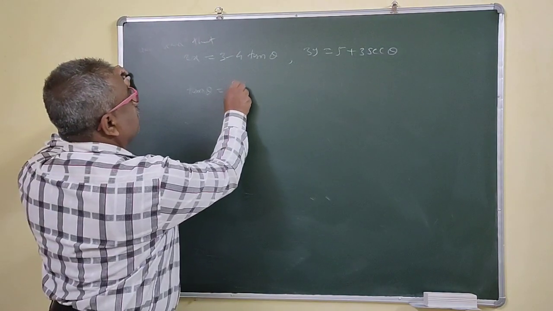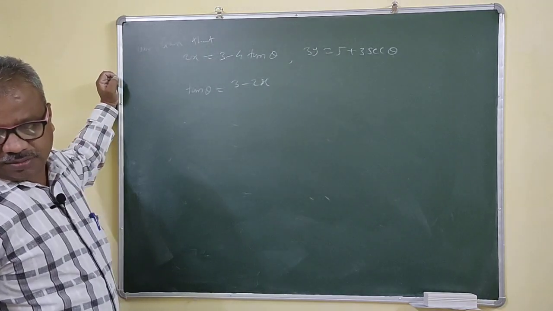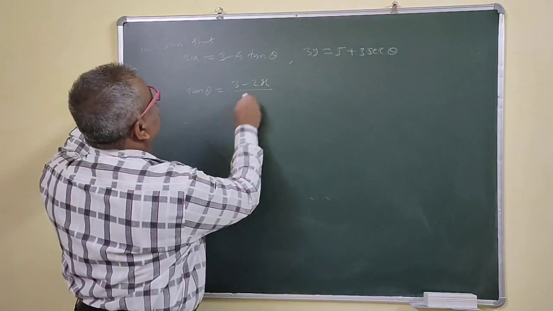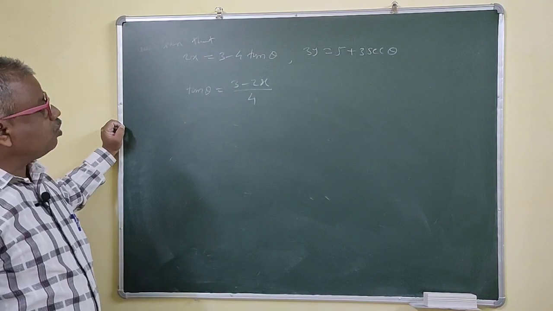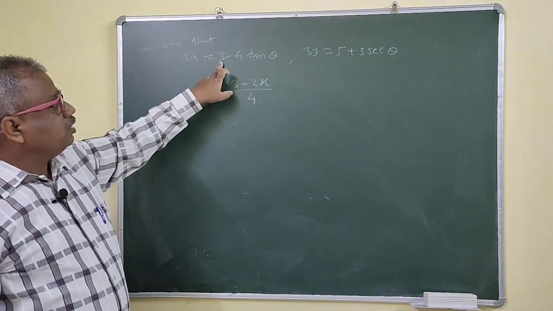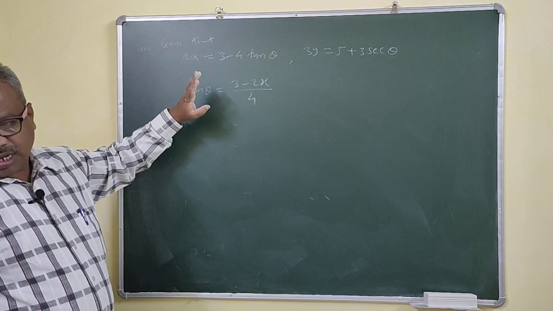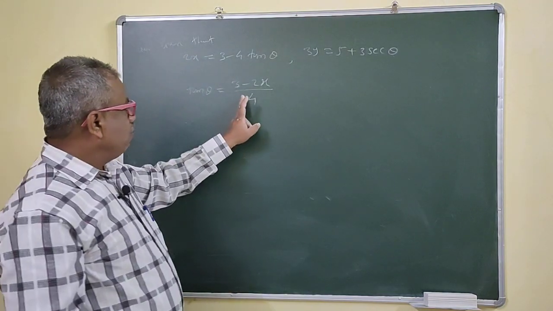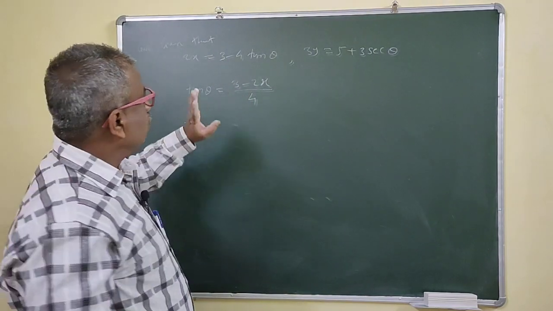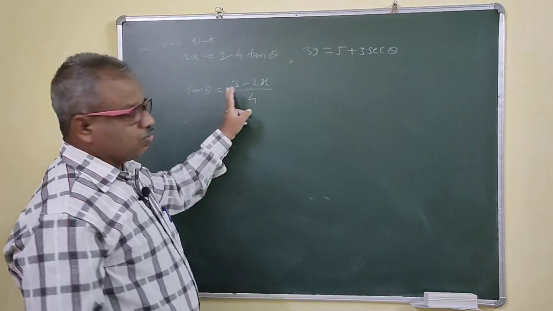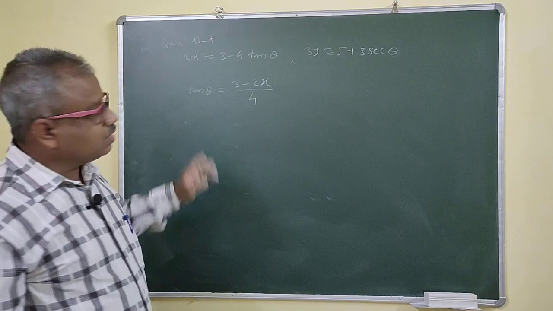So this is 3 minus 2x upon 4 now, right? If you are not able to do that, just shift the 3 to that side, then divide by minus 4, and change the sign of the numerator, and we'll get this. If you are not able to do that, just shift the 3 and then shift the minus 4 along with the sign.